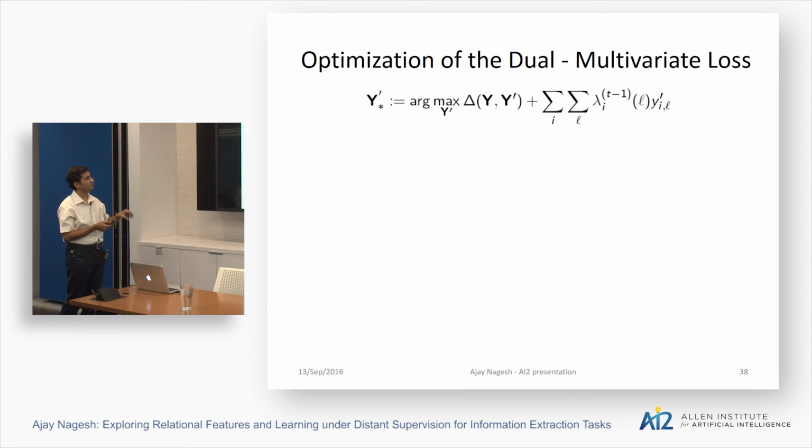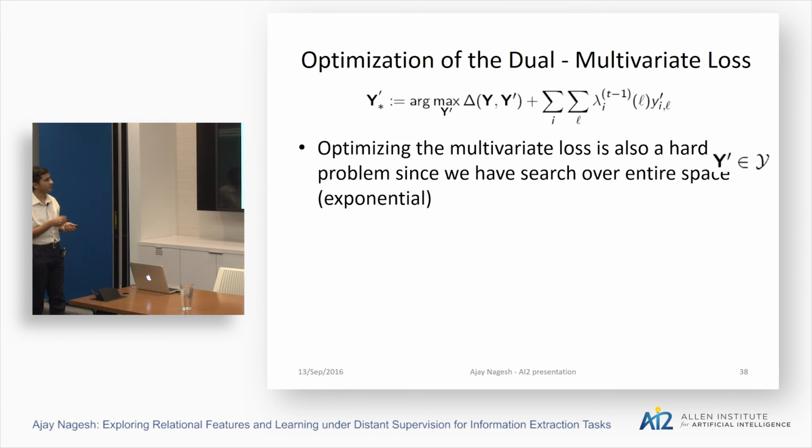The individual Lagrangian, the multivariate loss, is what we are interested in first and foremost. The delta term there involves all the predictions and all the true labels from the training data. I am sorry about the font there.